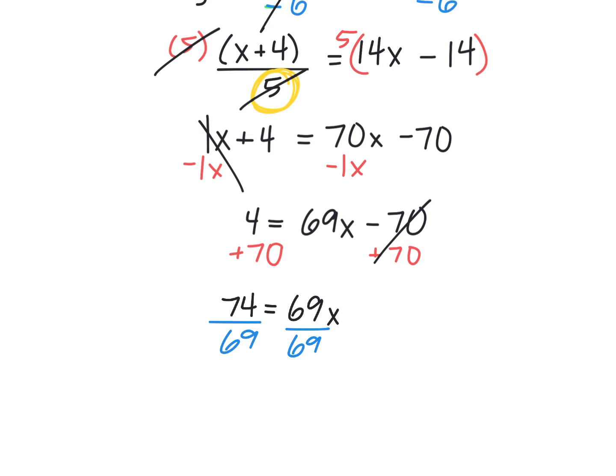If you check it in your calculator, 74 divided by 69 is pretty terrible, and so you're going to leave it as a fraction. What's nice about having a real, not iPhone calculator is they can all actually simplify fractions for you.